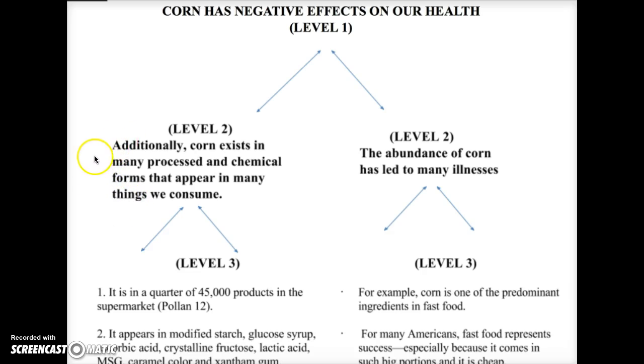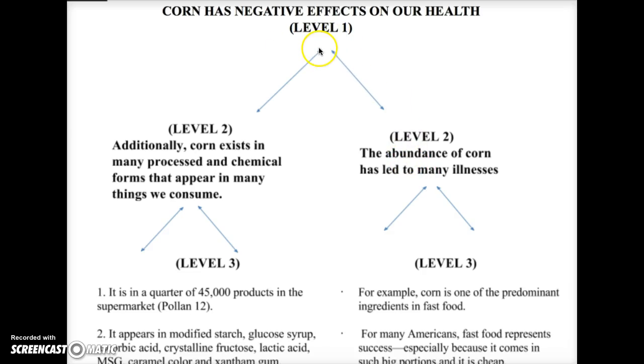So this tells you that corn is in processed food here. And this level 2 sentence tells you the abundance of corn has led to many illnesses. Okay, so you're telling the reader that, but you really want to show them what you mean, and that's when you're going to include your level 3 sentences.